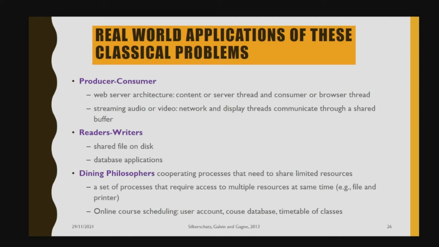And then for the readers and writers, the example is when we share a file on our disk. The processes read and update the data on our disk, as well as in database applications. If you learn about databases, you will also meet the term deadlock.